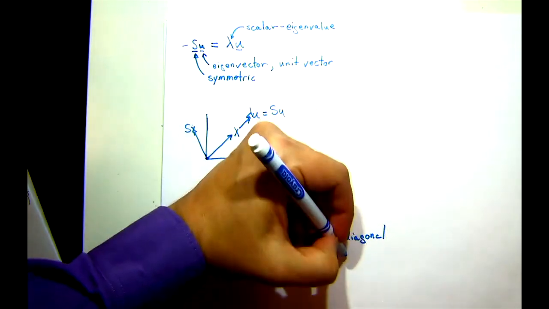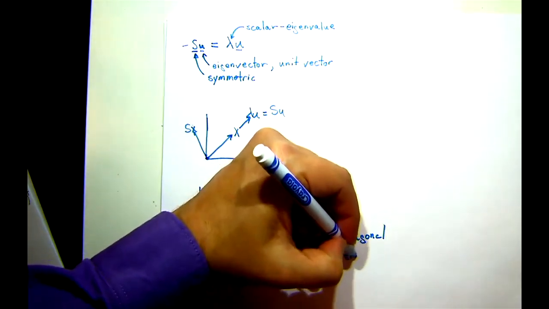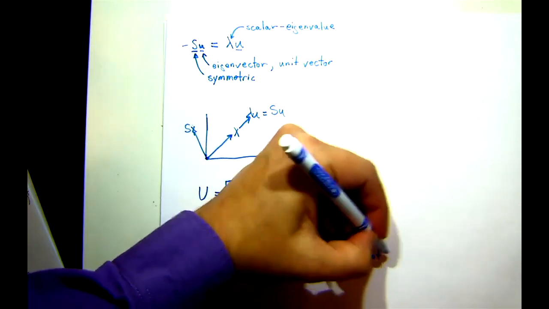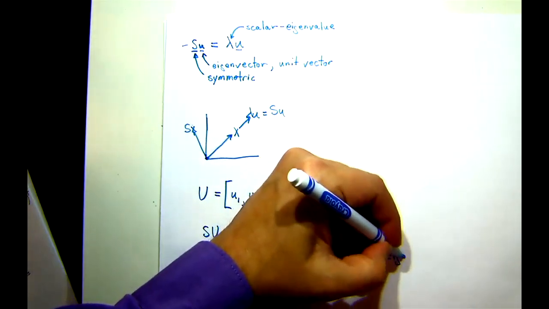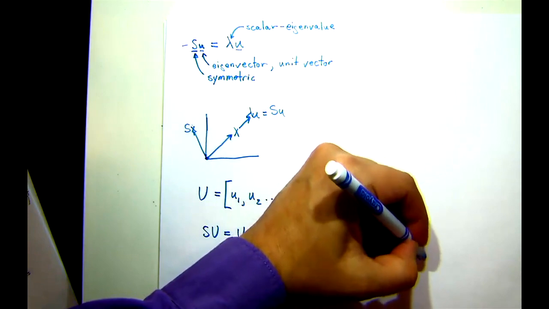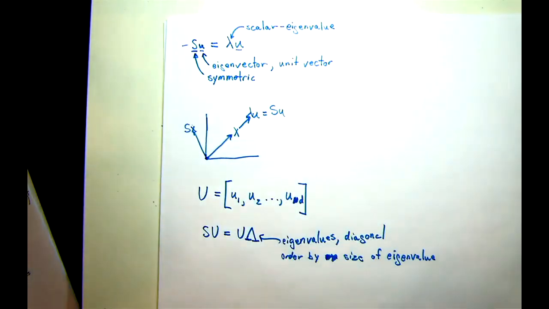Well, they're scalars, so by size of eigenvalues. So we just put the big ones at top. We put the big ones up in the top corner. We put the smallest ones in the bottom corner, and so they're just in order. And that just makes sure that we can always look at the top when we do some projections later on. We don't have to search through the eigenvalues to find the smallest ones.